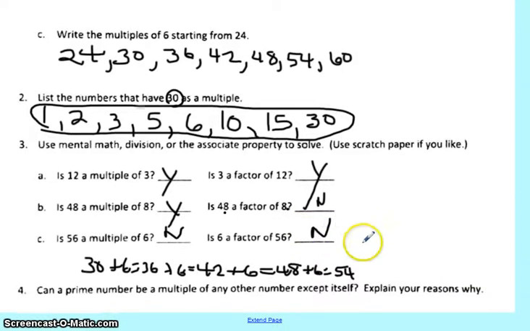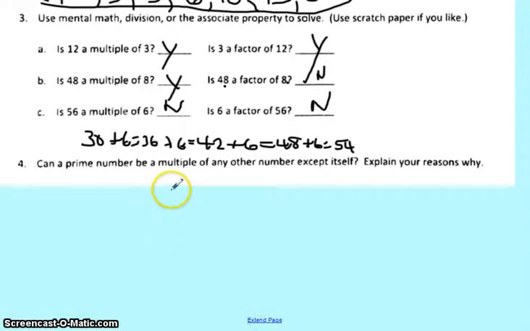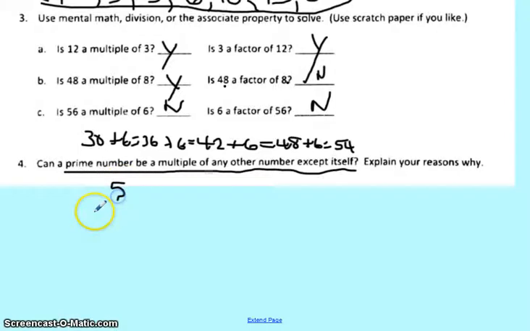Number 4. Can a prime number be a multiple of any other number except itself? Explain your reasons why. So let's take a close look. Let's look at the factors for a prime number. Let's take the prime number 5. So the only factors are 1 times 5.